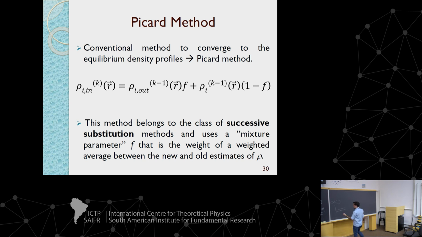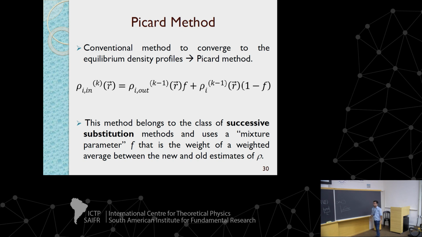For example, let's say that the new profile is something like this. Okay? So if we go straight to this new profile and do it again, introducing this new profile in the functionals and solving again, we usually don't get convergence.